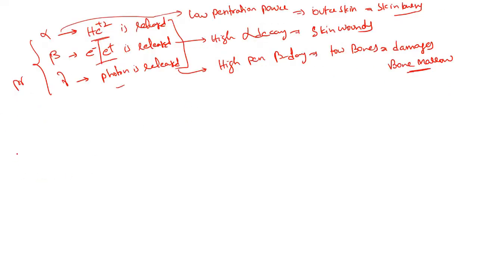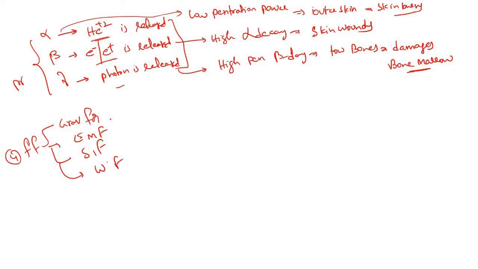Already we have seen in the particle physics topic, there are fundamental forces. A total of 4 fundamental forces are there: gravitational force, electromagnetic force, strong force and weak force. The first two are universal forces and their range is very big.